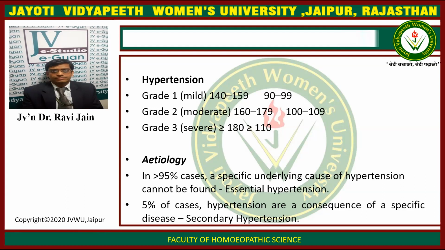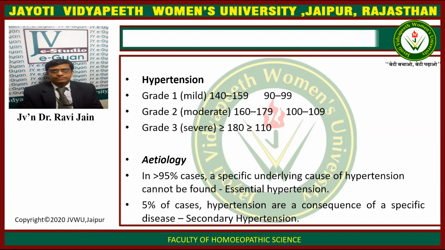And now we come to the etiology of hypertension. In greater than 95% of the cases, a specific underlying cause of hypertension cannot be found, and it is known as essential hypertension. So you must always remember that in greater than 90 to 95% of the patients coming to you, you will not be able to find any cause, and those patients will be called essential hypertension.